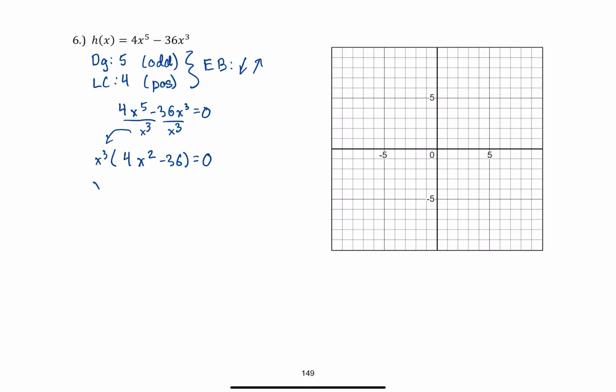That's actually a difference of squares. This is x cubed, and then this is going to be 2x plus 6 times 2x minus 6 equal to 0. Set each of these equal to 0. You get x equal to 0, x is equal to minus 3, and x is equal to positive 3.